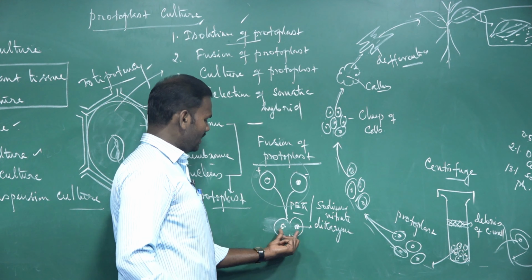Such cells are called cybrids. Followed by nuclear fusion, these are called somatic hybrids. These somatic hybrids are cultured in the culture medium.